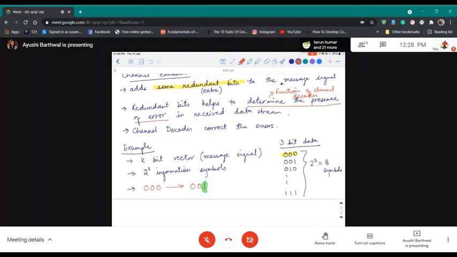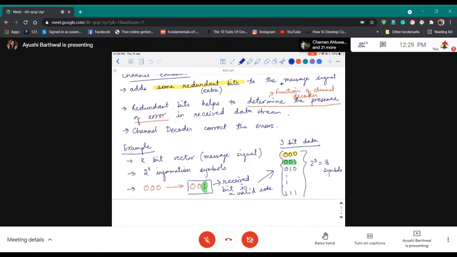The receiver will check whether the received bit is a valid code or not. And it will check in this lookup table. Now if it looks for 001, it will find out that 001 is already one of the valid code vectors in the transmission data, right? So therefore what will your receiver say?